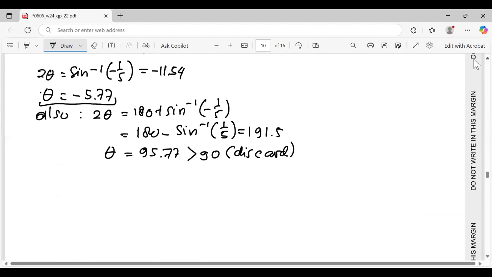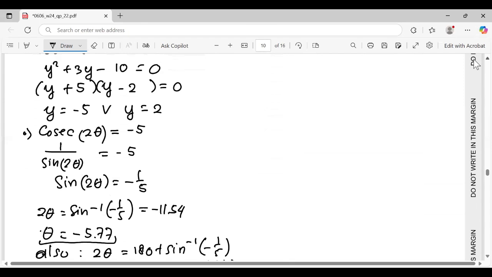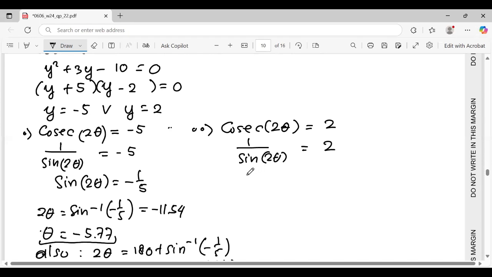Also, y equal 2. So it means cosecant 2 theta equal 1 over sine 2 theta equal 2. So sine 2 theta equal 1/2.